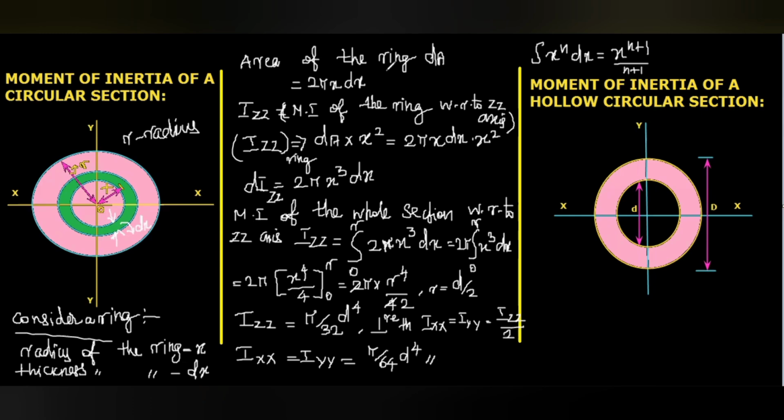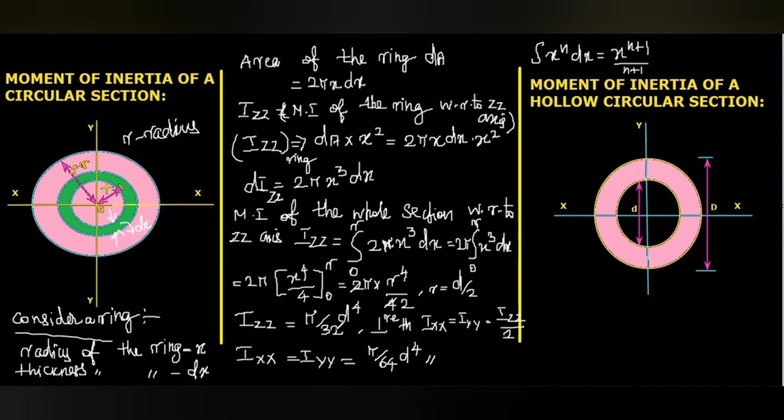So now we got the values for the moment of inertia with respect to the ZZ axis, which passes through the center of gravity. Here ZZ axis means the axis perpendicular to the plane of the circular section. XX and YY, that is the horizontal and vertical axes, pass through the center of gravity, and both the axes lie in the plane of the circular section. Okay, those moment of inertia values we derived.